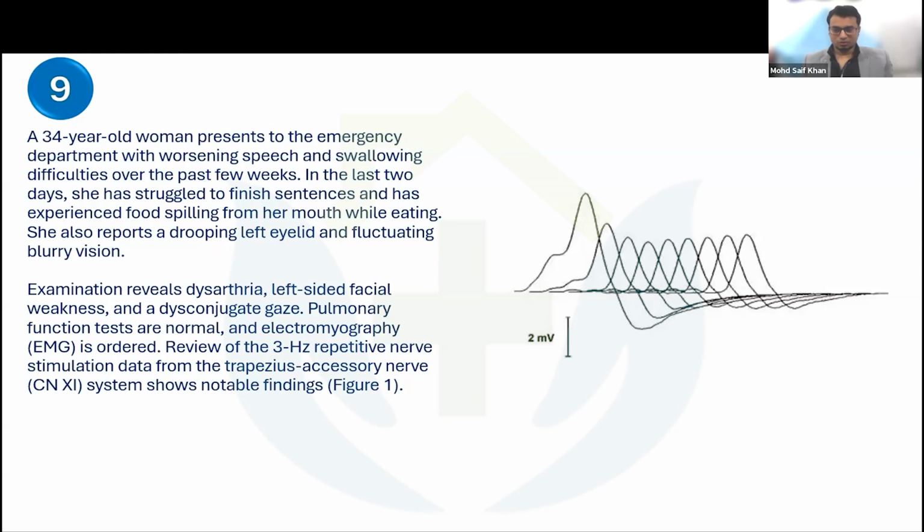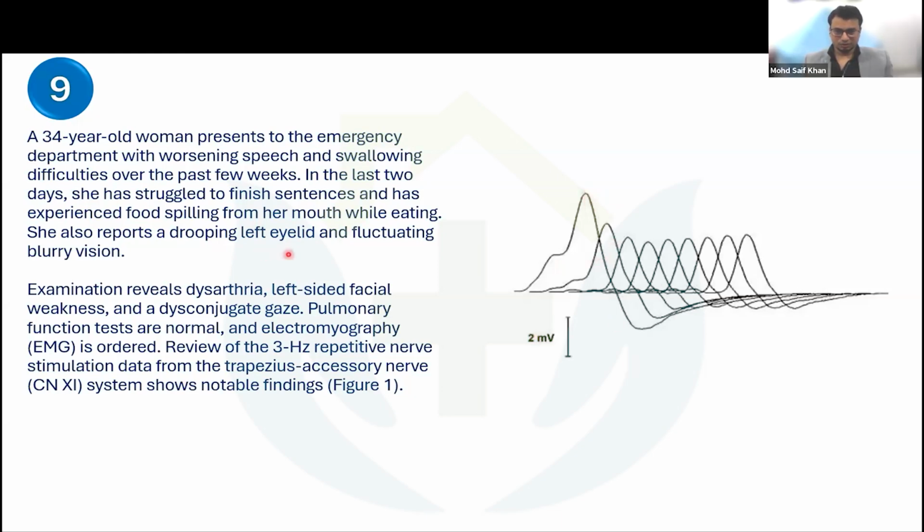Pulmonary function tests are normal. EMG is this. So what is there in EMG? This is repetitive nerve stimulation, RNS. Myasthenia gravis. So why do you say this is myasthenia gravis?